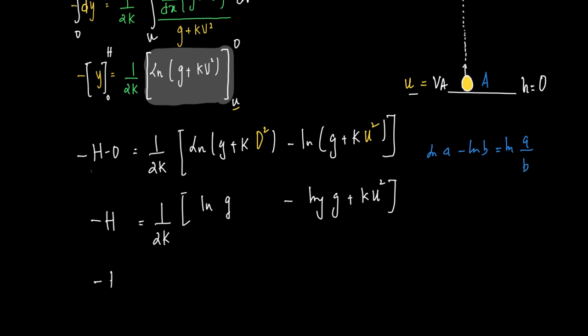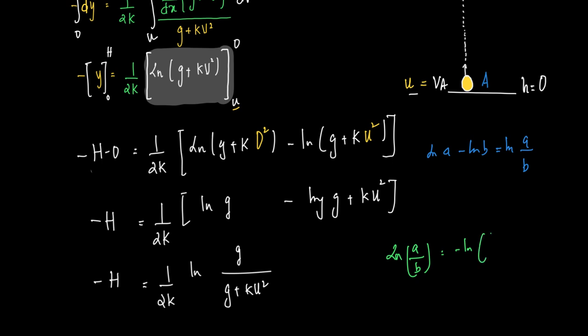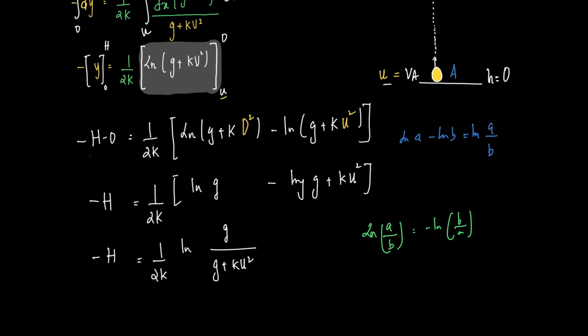So this becomes minus h is equal to 1 by 2k times ln of g by g plus ku square. Now we can also write one more equation, that ln a by b is equal to minus ln b by a.